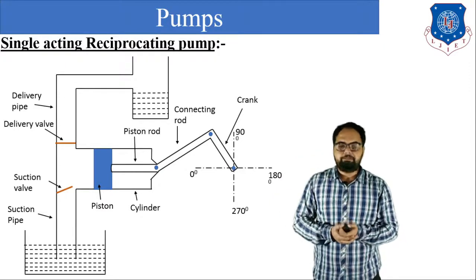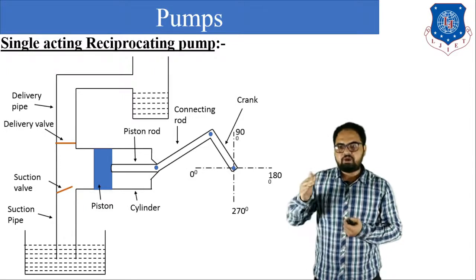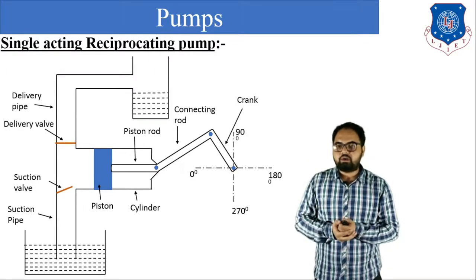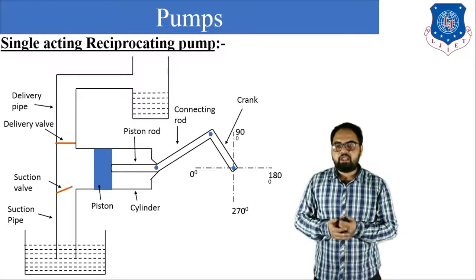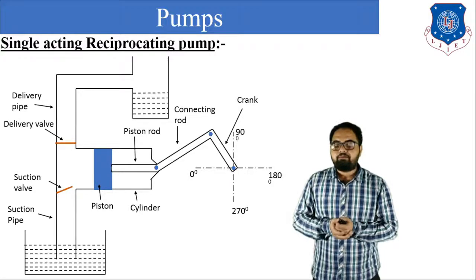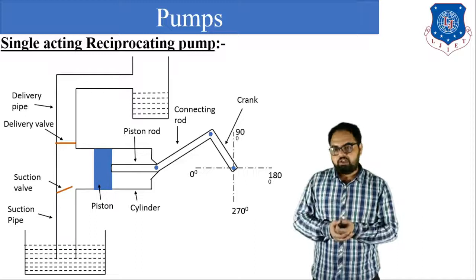through the delivery pipe. In this type of pump, the suction valve and delivery valve are both non-return valves, which are operated according to the difference in pressure, and with the help of this type of pump we are not able to get a continuous supply of the liquid.